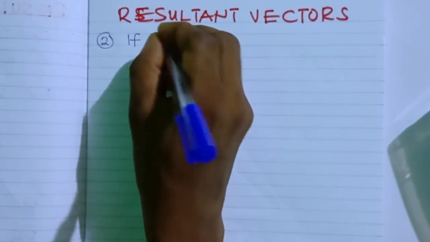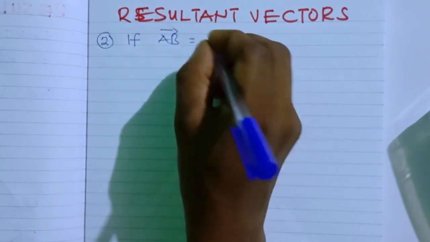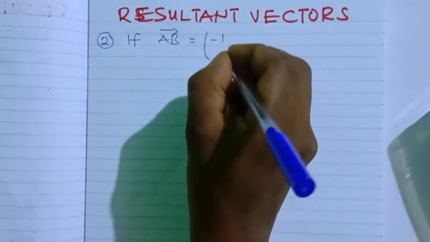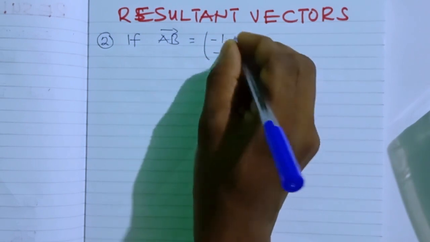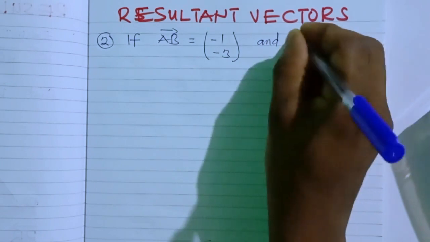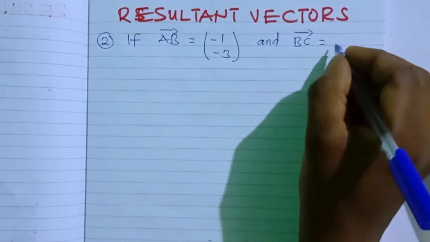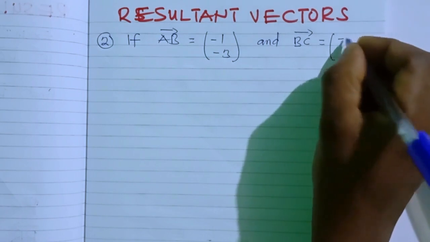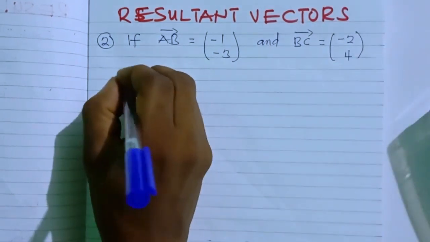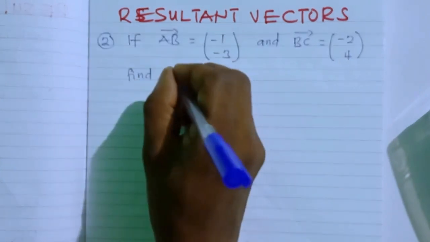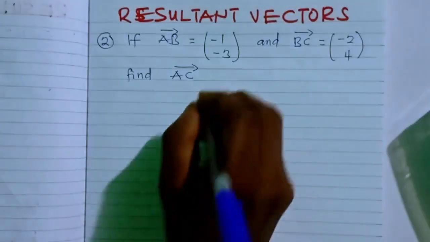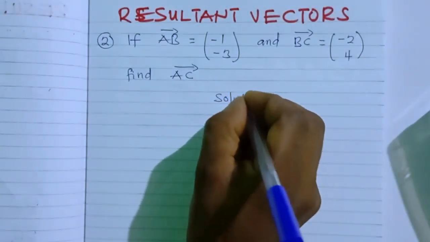Vector AB is equal to negative 1, negative 3, and vector BC is equal to negative 2, 4. Find vector AC. So my solution.